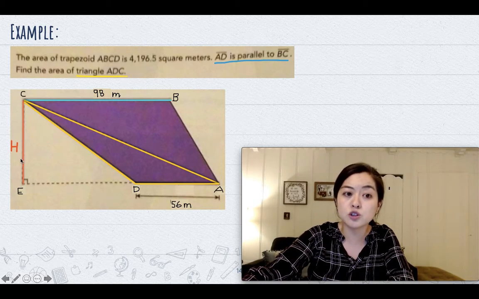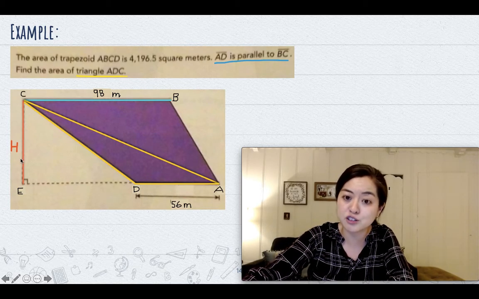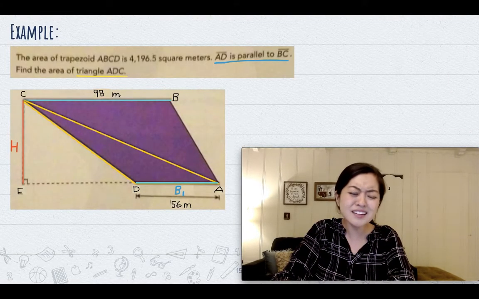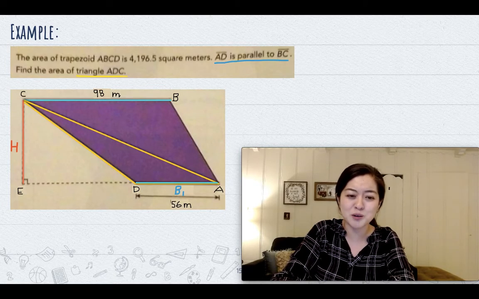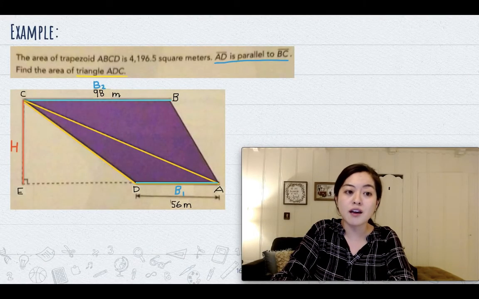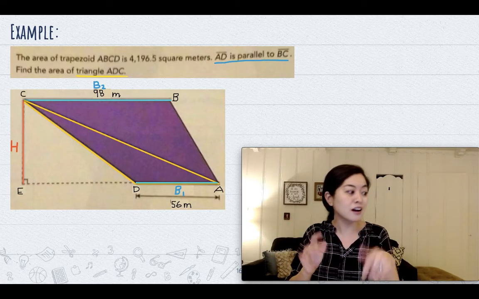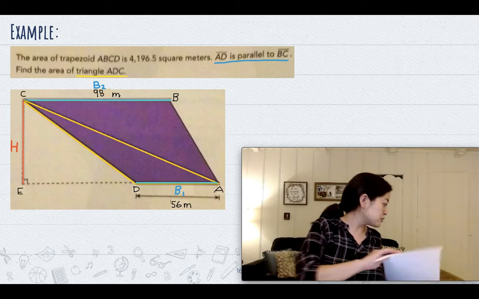So the height of the triangle is the same as the height of the trapezoid, isn't it? All right. So let's see now if we can figure this problem out. So we know B1, and we know B2, and we don't know H, but I know the area of my trapezoid. So I'm going to input those values here, okay?